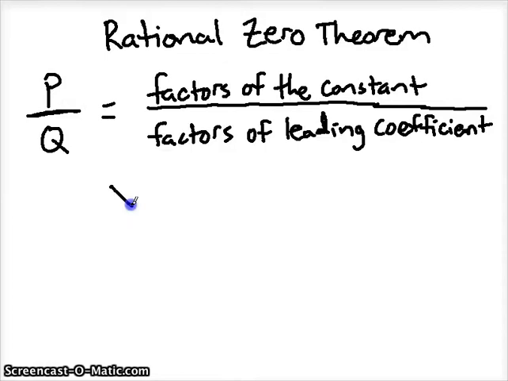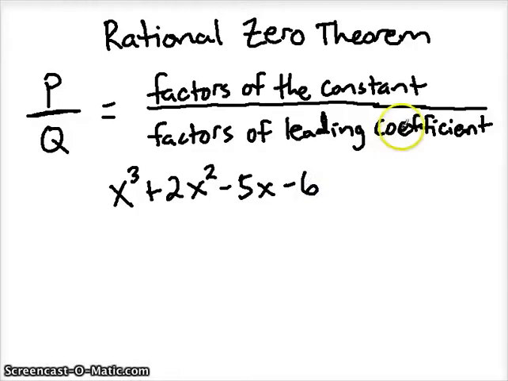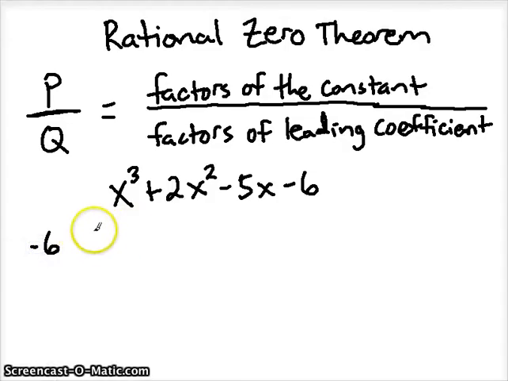For example, if you had this polynomial, the constant would be this number in the back. It's the one without an x next to it. So you're trying to figure out factors of -6. Well, we know that 6 and 1 are possible factors. 1 would have to be negative to give us a -6.